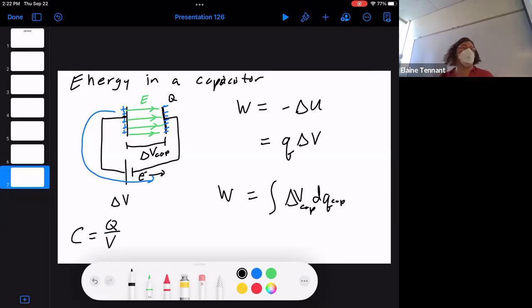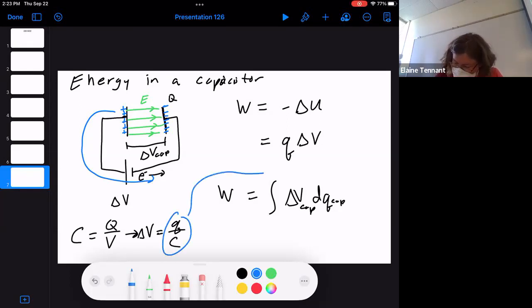because we have the basic definition of what a capacitor is. It's charge per unit voltage. So we can rearrange this in terms of what we have here. The voltage, that's what I care about. So the potential difference is the charge over the capacitance, where I can take this Q over C and plug it in right there.